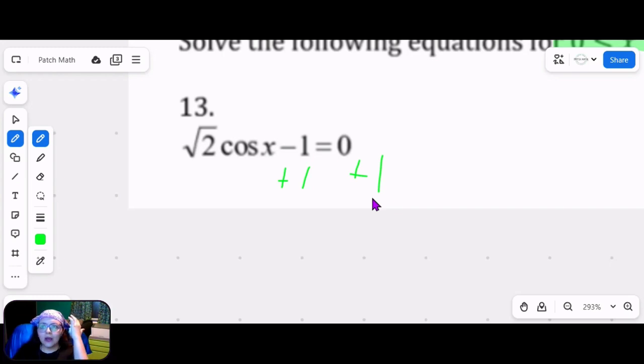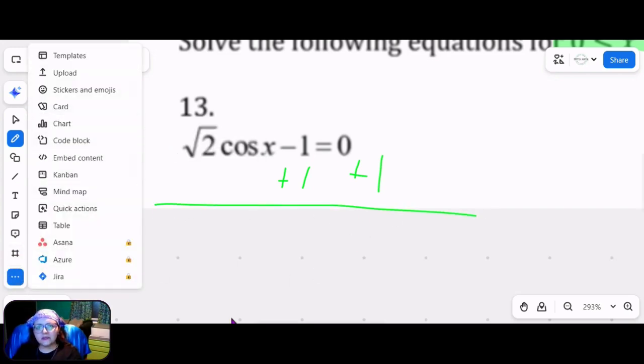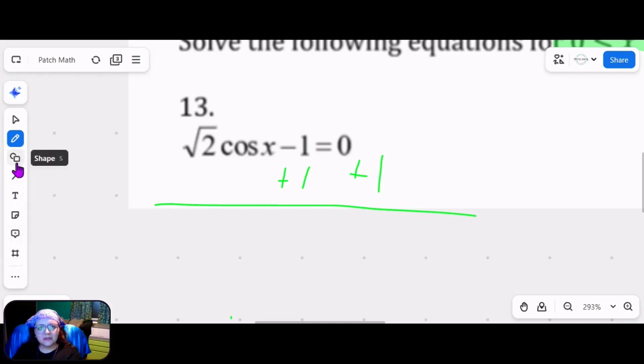Addition and subtraction is the last step in PEMDAS, so in opposite PEMDAS, it is the first step. So we are going to undo that subtraction with addition.